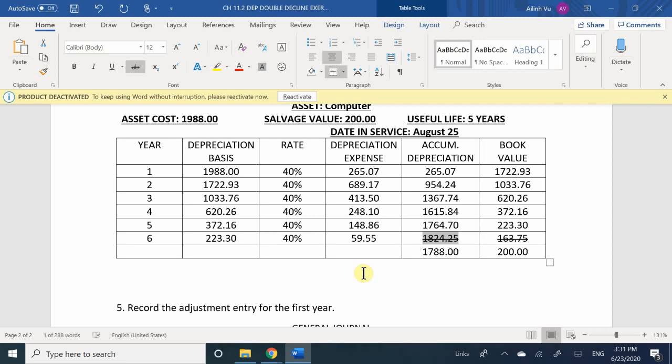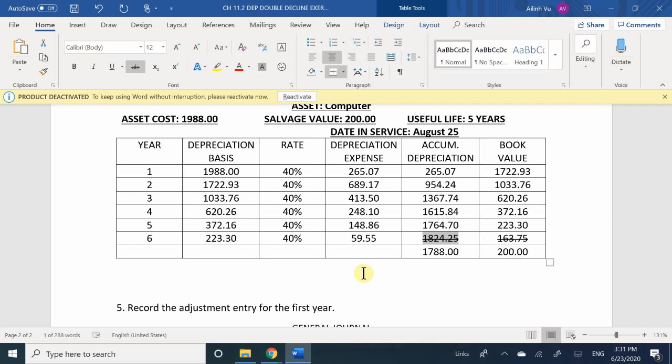If you know that your accumulated depreciation, right, the formula for accumulated depreciation is going to be your previous years plus your depreciation expense. In this case, we already know what our accumulated depreciation is. It's going to be 1788.